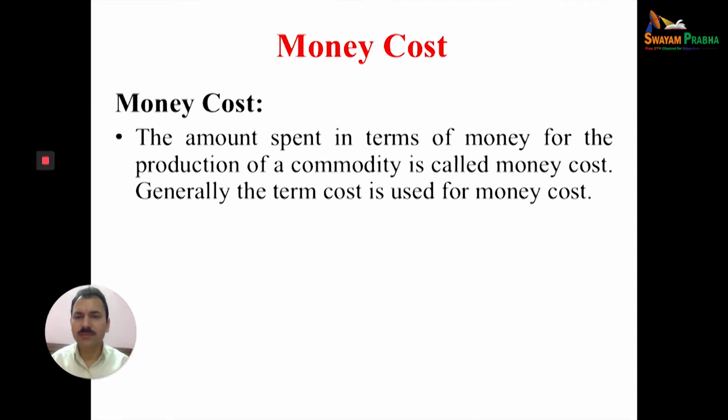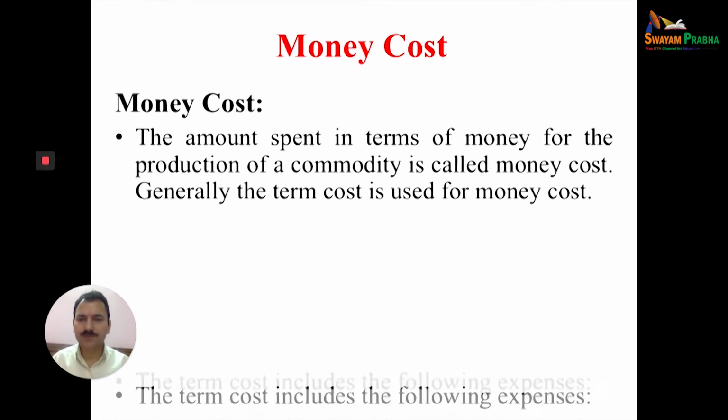The firm spends some money in the production of a commodity, in terms of payment made to the factors of production, land, labor or capital, and maybe raw material. So the money spent by a firm is called money cost. Generally, the term cost is used for the money cost, although we have various types of cost.